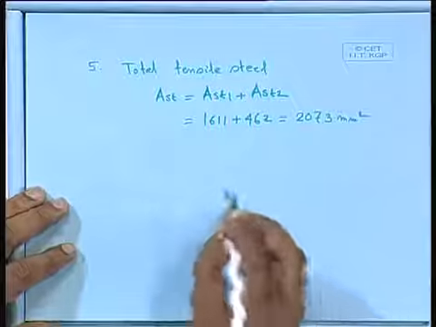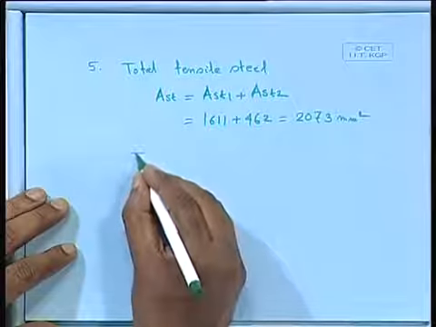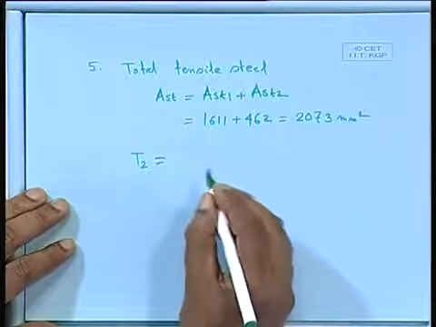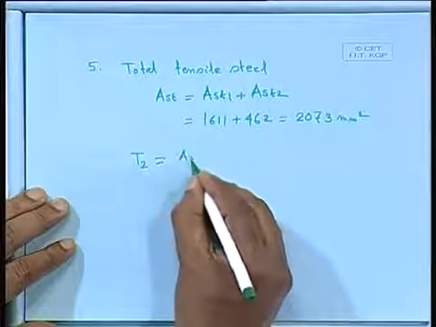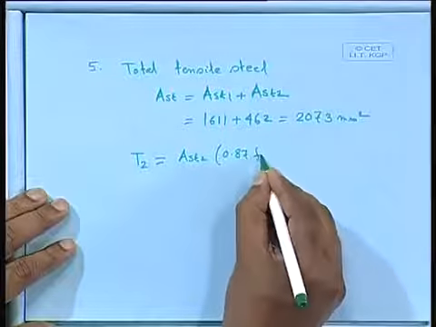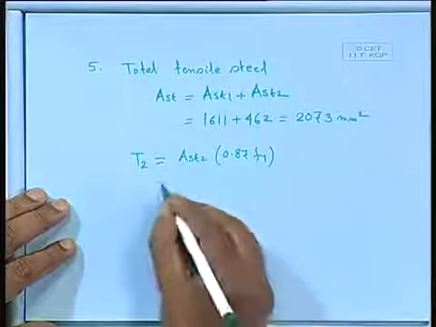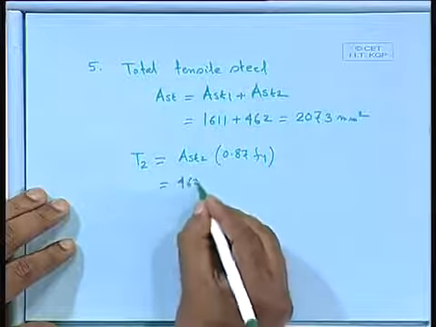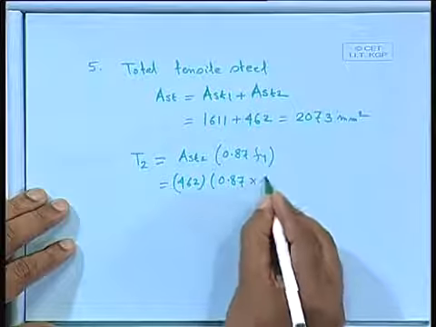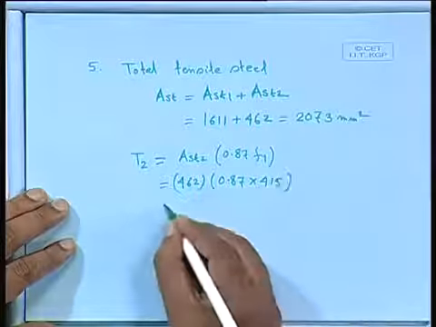What is the corresponding force? Let us say tensile force T2. Tensile force T2 equal to Ast2 times 0.87 fy, equal to 462 times 0.87 times 415.